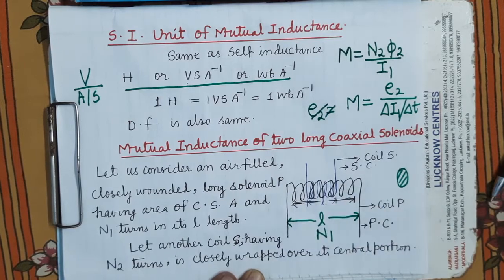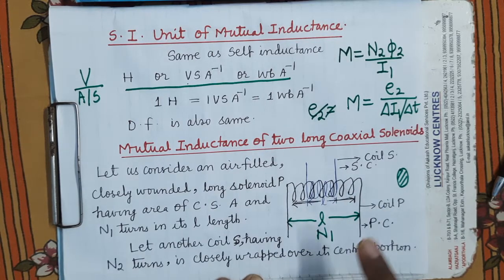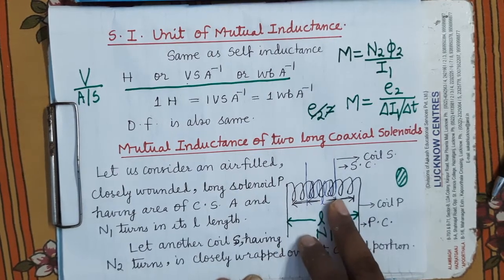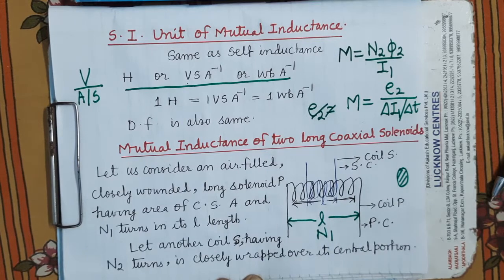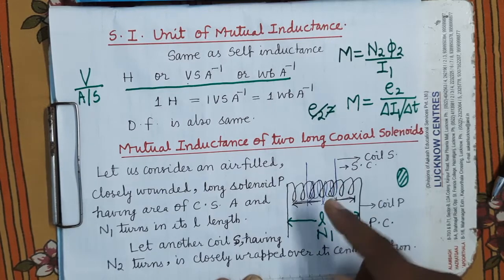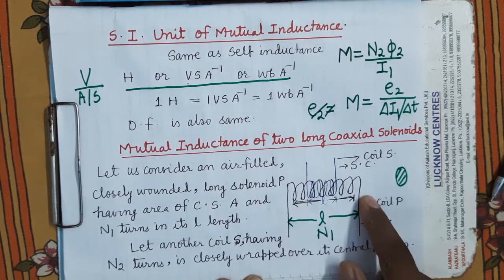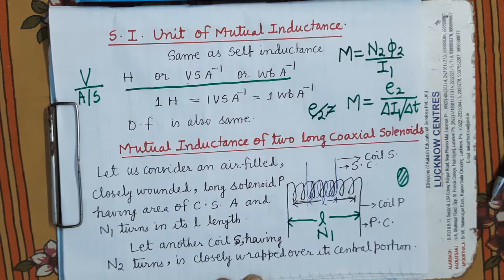We have assumed that there is another coil called coil S, which we have named the secondary coil. It is wrapped very closely over its central portion. It is clear? It is closely wrapped over its central portion, means the turns of this are in contact with the turns of the primary coil.